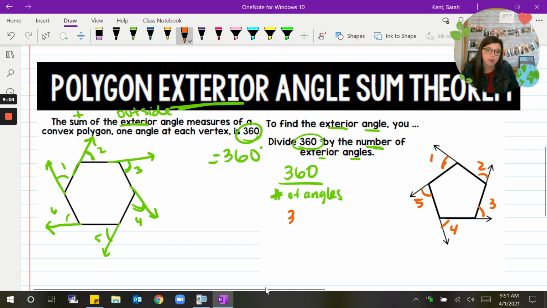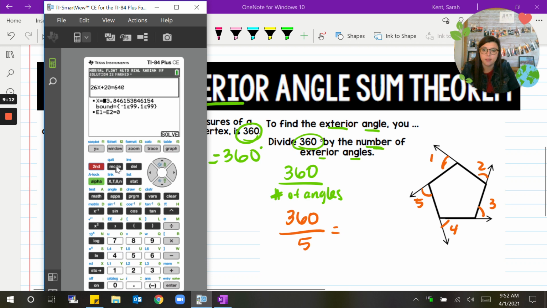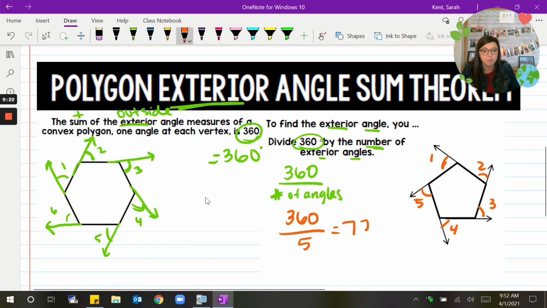So I would take 360 and divide it by 5. So I could go to my calculator and I can do 360 divided by 5 and I get 72. So that means each one of those is 72 degrees.